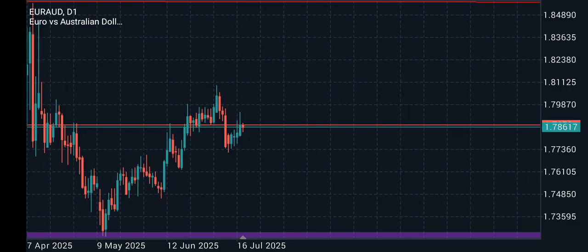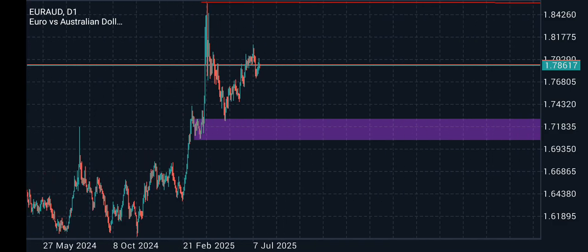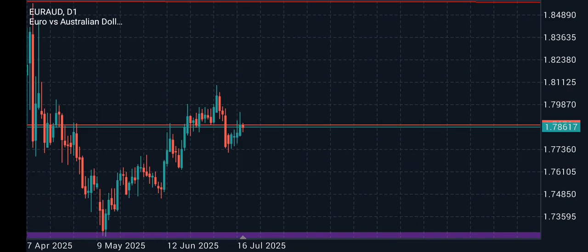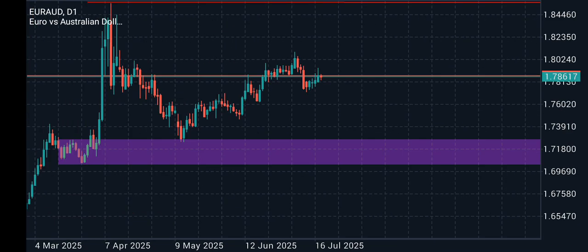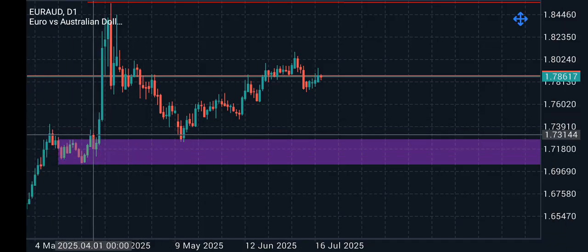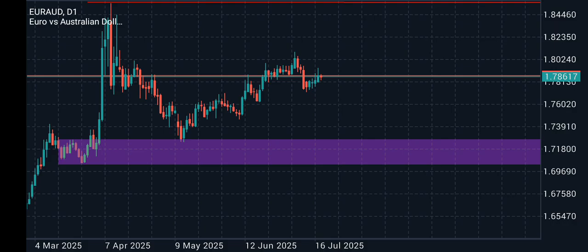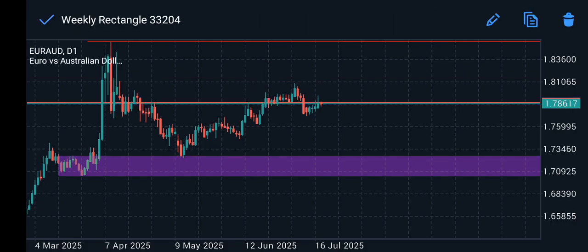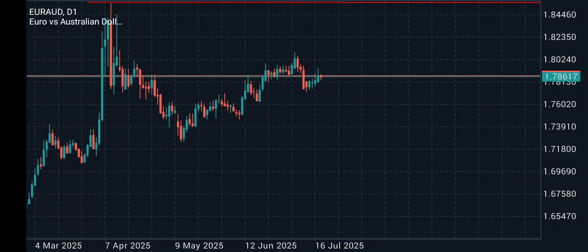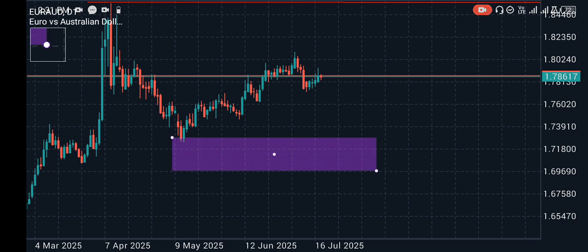Let's go to the daily time frame. After tapping this order block, actually we can refine our order block. Let me delete this and refine it, because this one is much clearer.